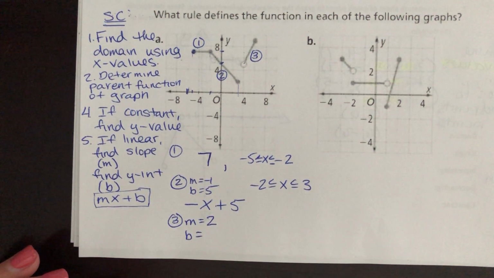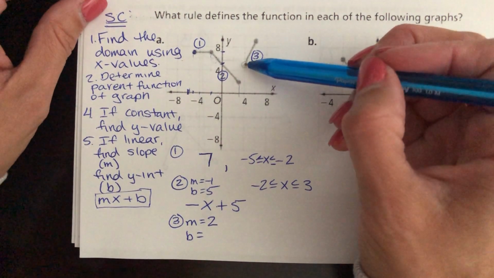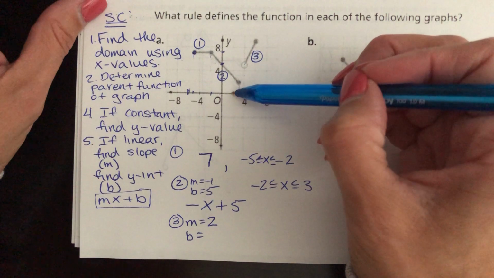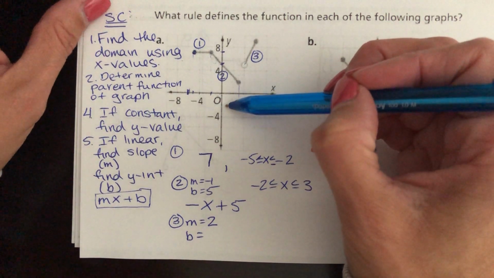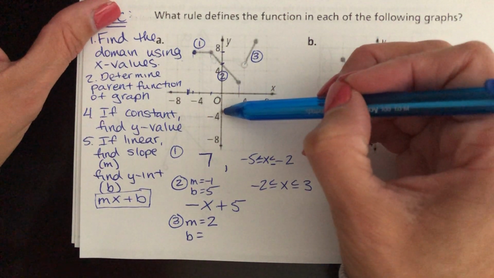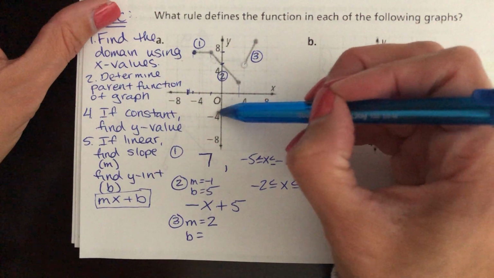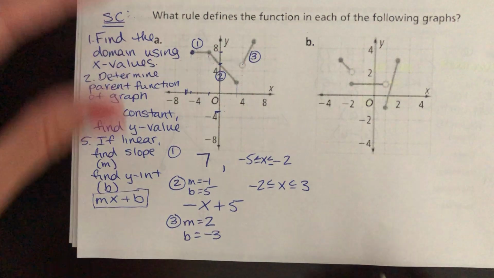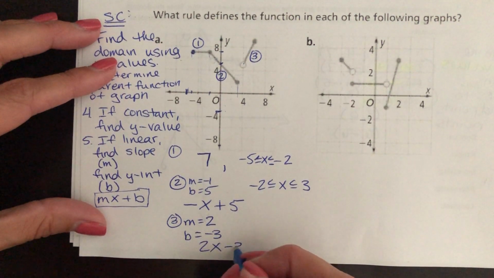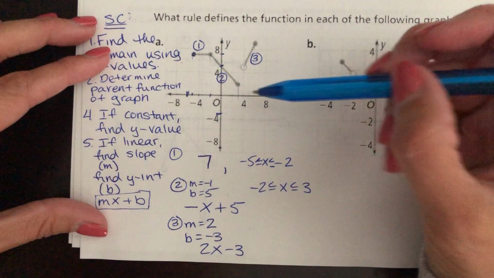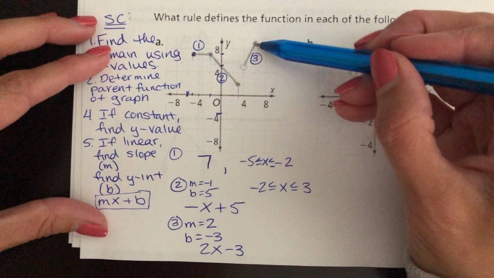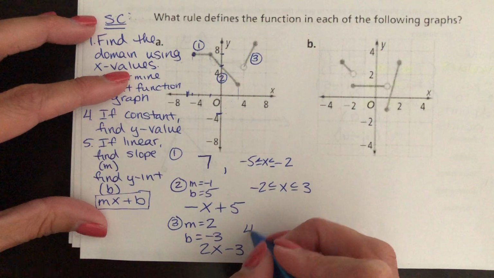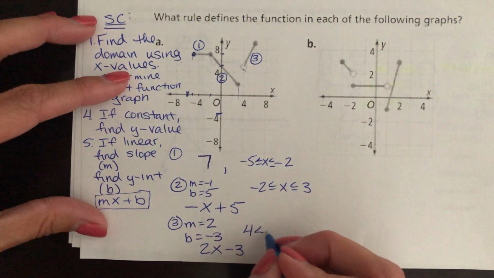And then if I keep reversing it the other way, over 1, down 2, over 1, down 2, over 1, down 2, over 1, I see that it ends at -3. So I'll put that together, 2x minus 3, and then the domain is from 4 to 6. That one's open, so it's just a less than.